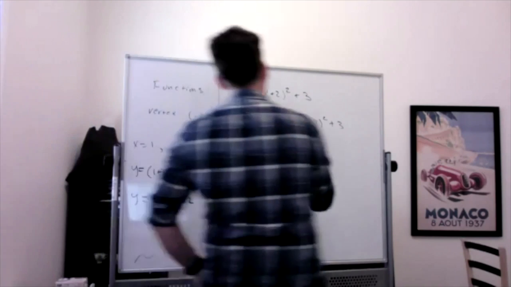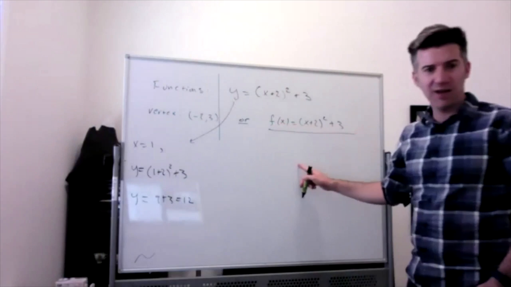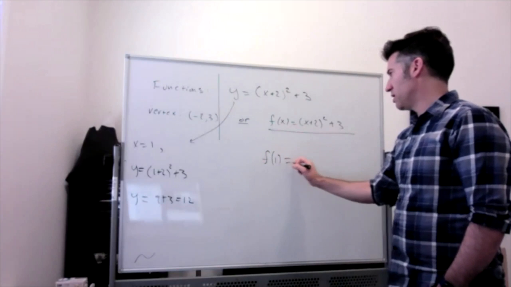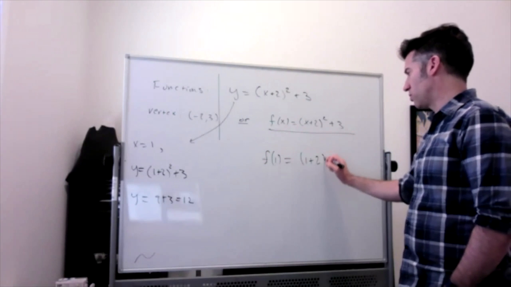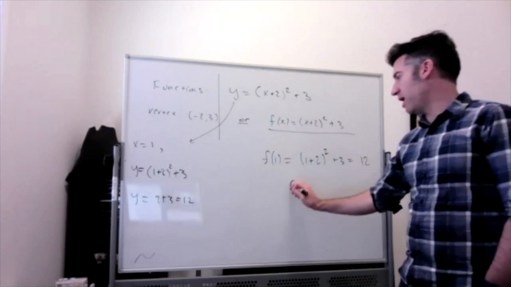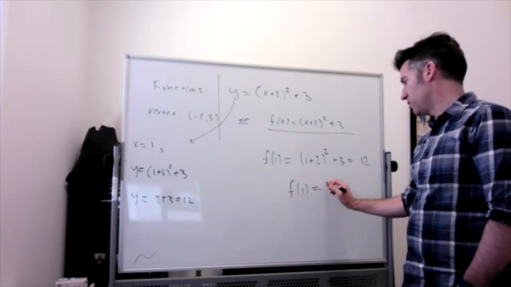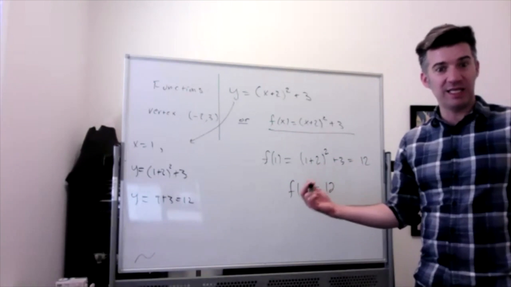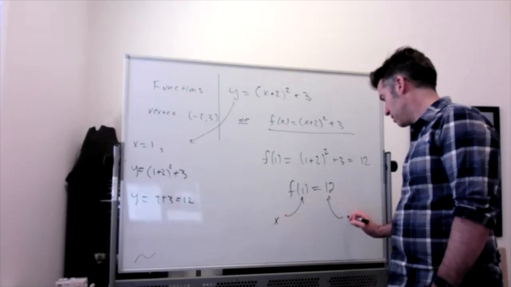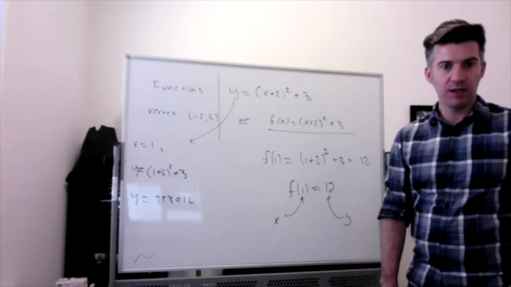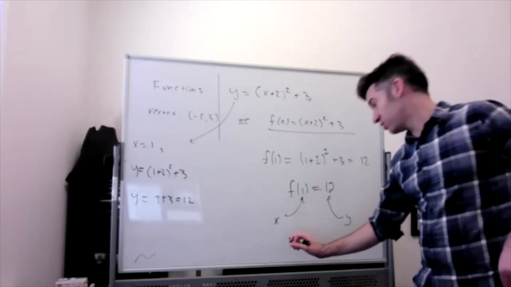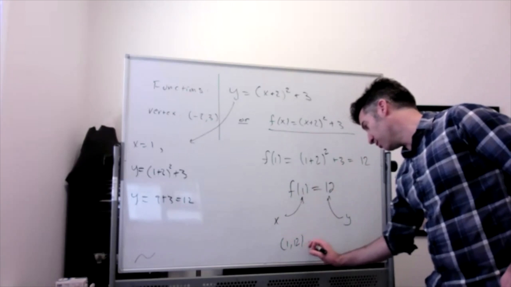Whereas with this notation, I can write that f of 1 equals (1 plus 2) squared plus 3, which is still 12. But this f of 1 equal to 12 tells me at the same time what x is and what y is. It says the point (1, 12) is a point on the graph.